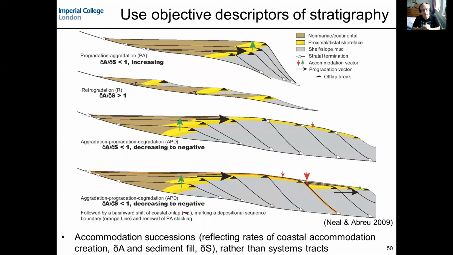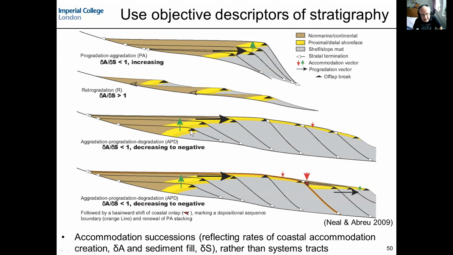A similar approach, which was proposed by Exxon a little bit over 10 years ago as a way of refining some of the models they first proposed, is to use progradation versus aggradation. So progradation with the black arrows here, aggradation with the green arrows, transgression with the arrows with the transparent heads, and downstepping by these red downward pointing arrows.